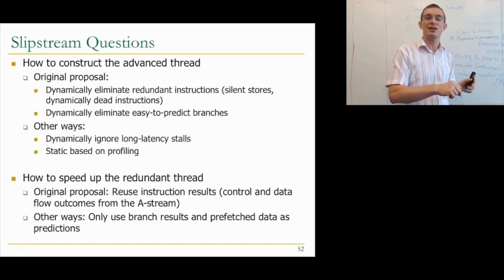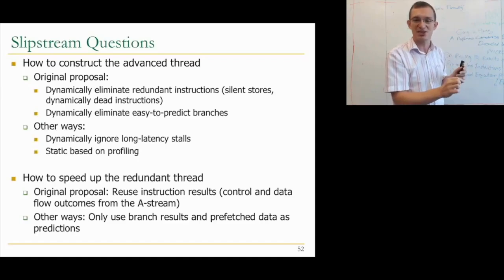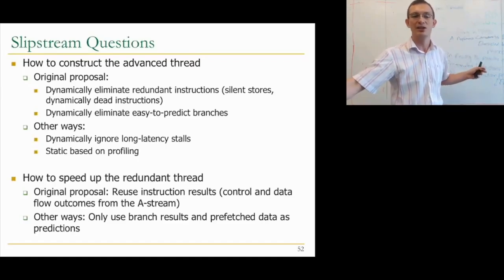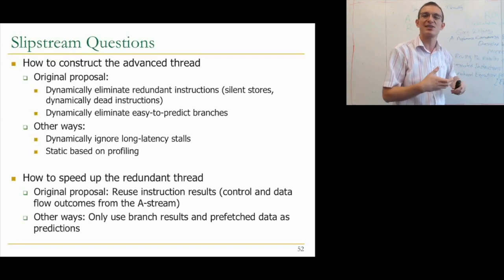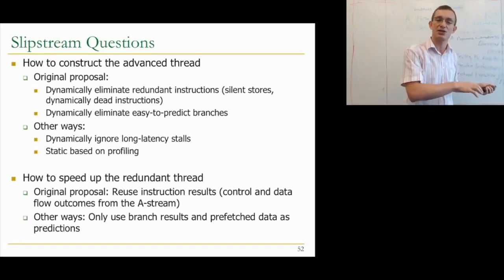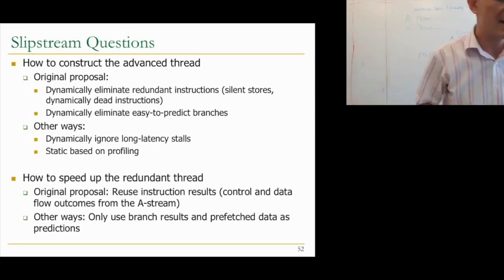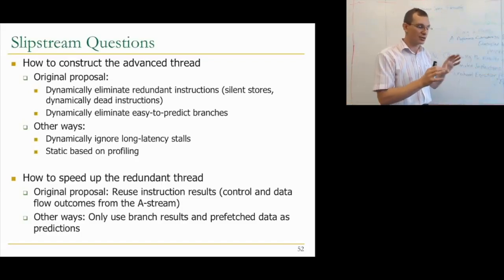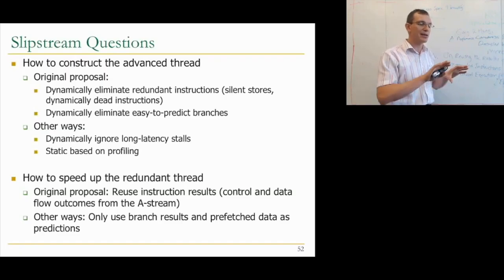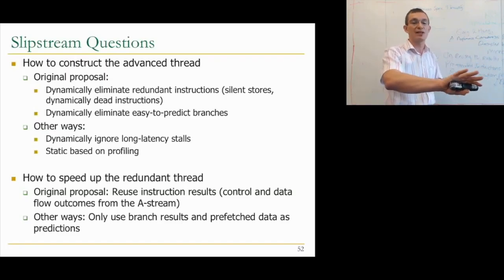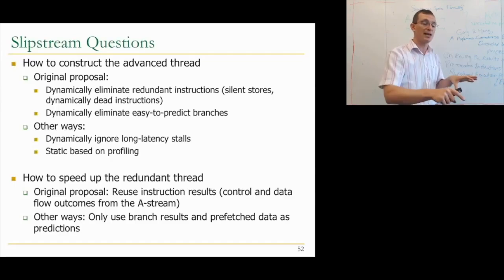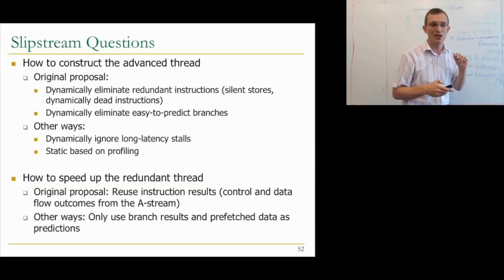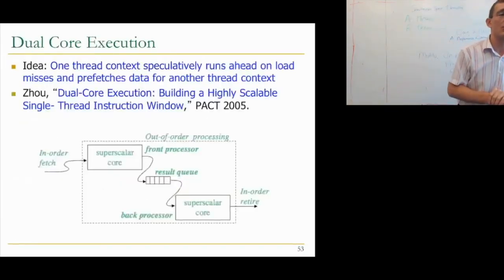The instructions on the critical path are dependent on the cache misses, because a cache miss takes much longer. So reusing the results doesn't help that much in terms of performance, but it helps in terms of energy. So it may be more interesting to design slipstream processors where the advanced thread prefetches data for the redundant thread, and also enables execution of mispredicted branches in the redundant thread in a more accurate way. That brings us to something called dual core execution.